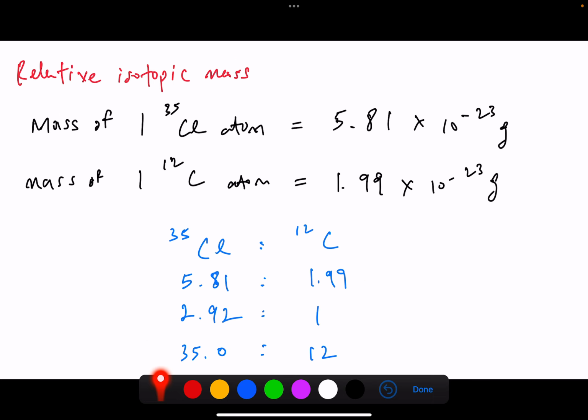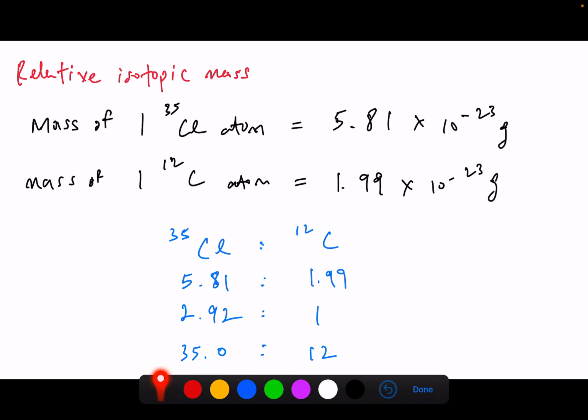This is just a simple illustration of how we obtain the relative isotopic mass. Remember, we mentioned earlier that the mass of one atom is very small. In this case, the mass of one chlorine 35 atom is 5.81 times 10 to the power of negative 23 grams, a very, very small amount.